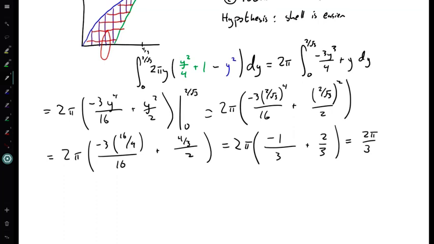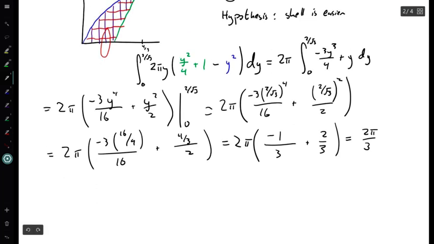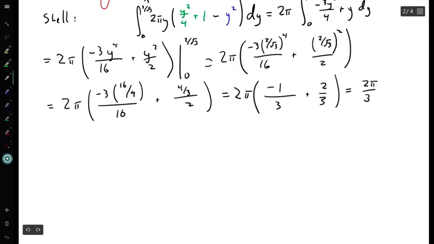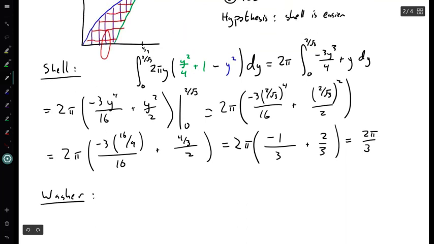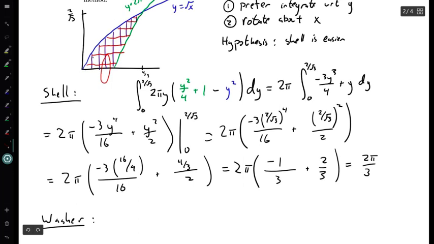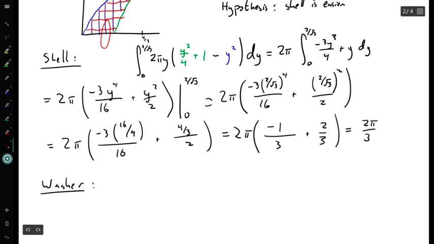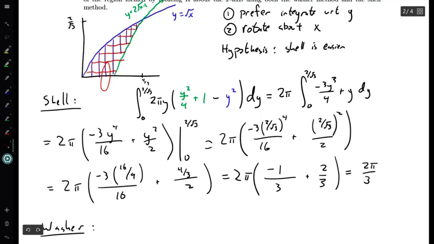Let's go ahead and check the washer method to see if we can get the same answer out. So this was our shell method. Washer method. All right, so this time we are looking at our purple vertical lines here. And in order to think about what washers these guys are making as I'm revolving them about the x-axis, I need to, as I stated before, break up this integral into 2 pieces.